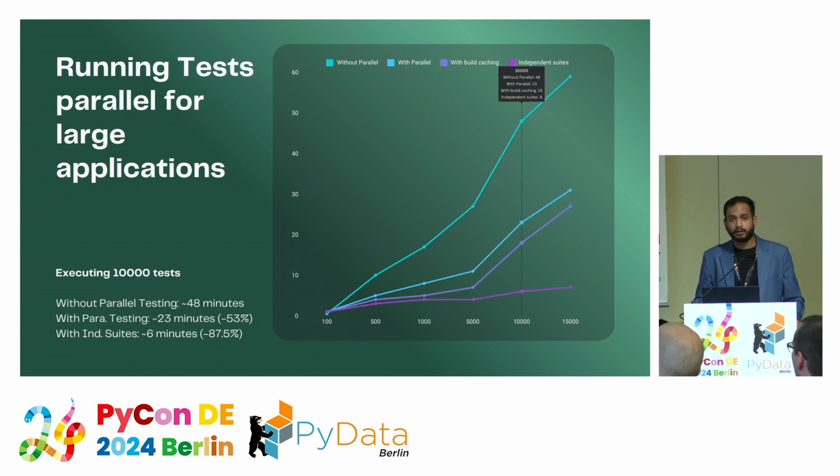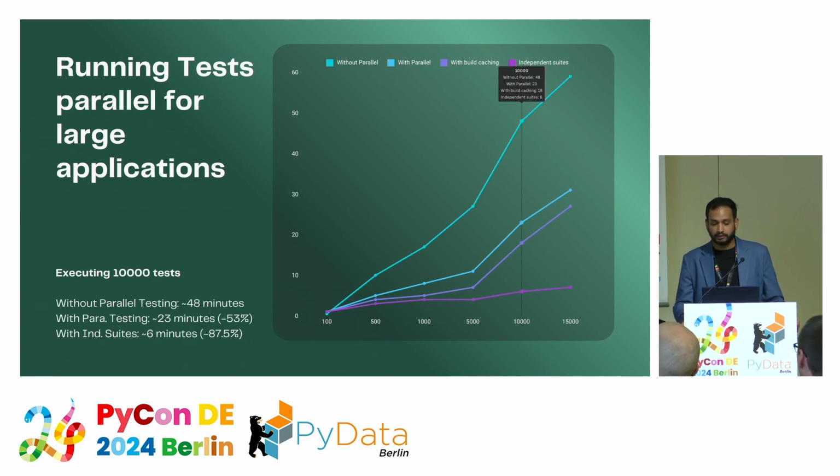And then there are optimization aspects in this as well. You can use build caching to improve the testing environment. You can use build caching to use the same resources for multiple parallel testing environments.